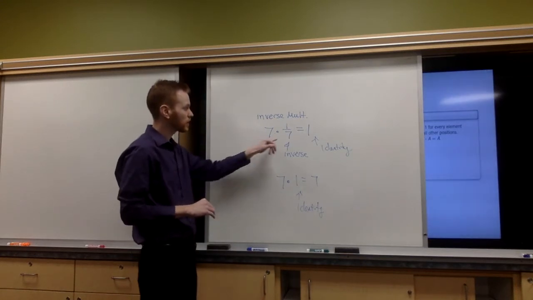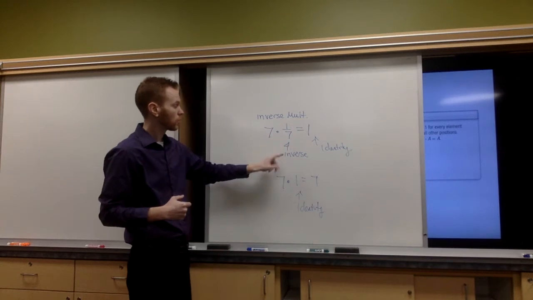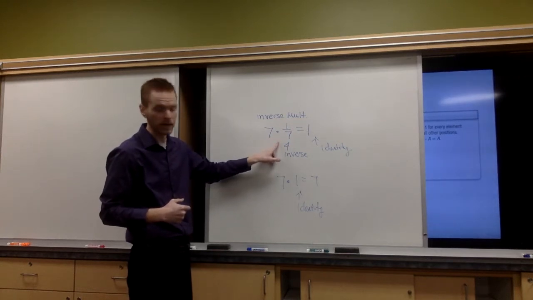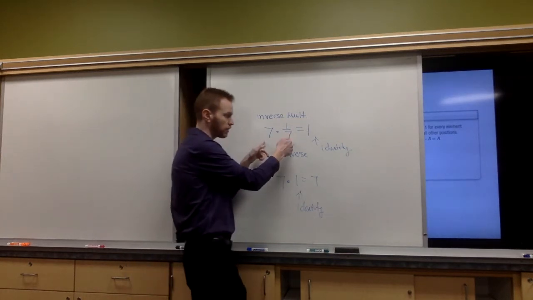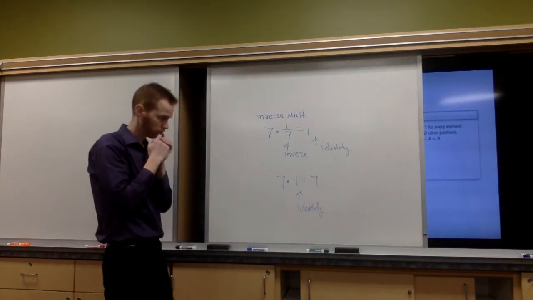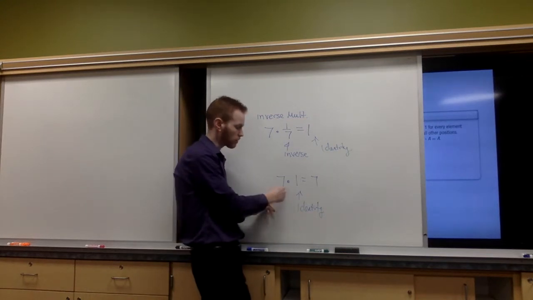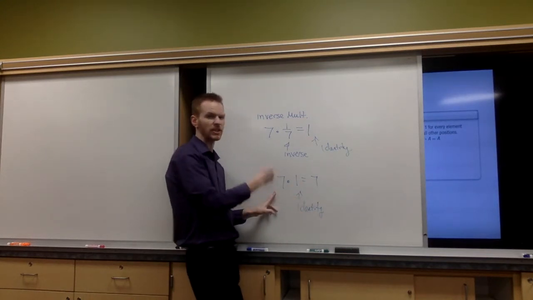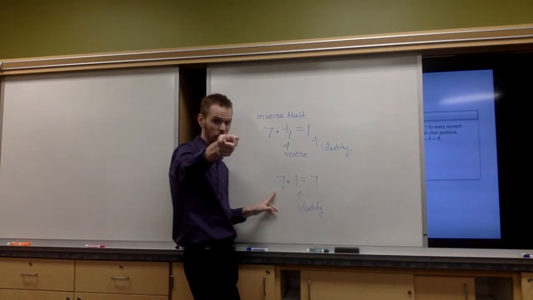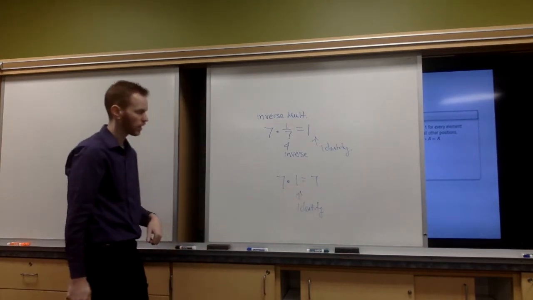When it comes to multiplication, the inverse of any element was its reciprocal, right? So the inverse for 7 was 1 over 7. When I multiplied those two, I got 1. And 1 was the identity element, right? So for instance, with any identity element you get the number back. You don't change its identity. See, there's a reason for that word. 7 times 1 gives me 7, okay?